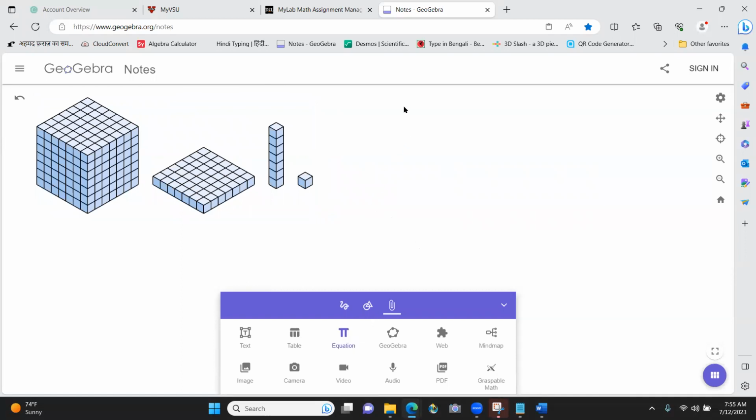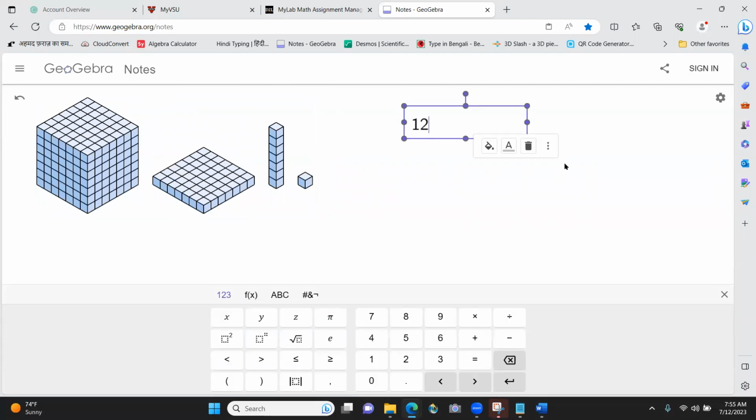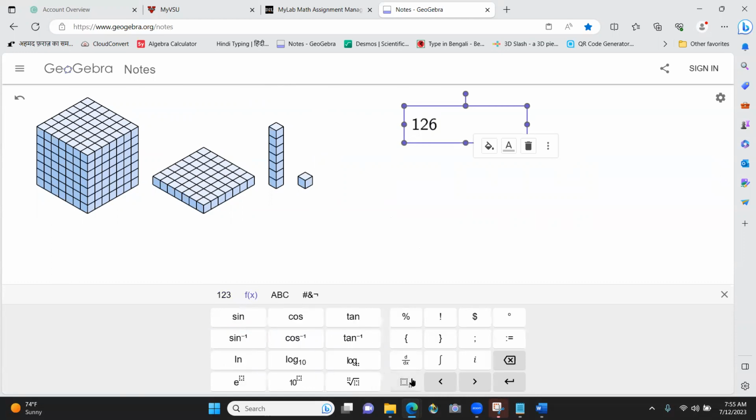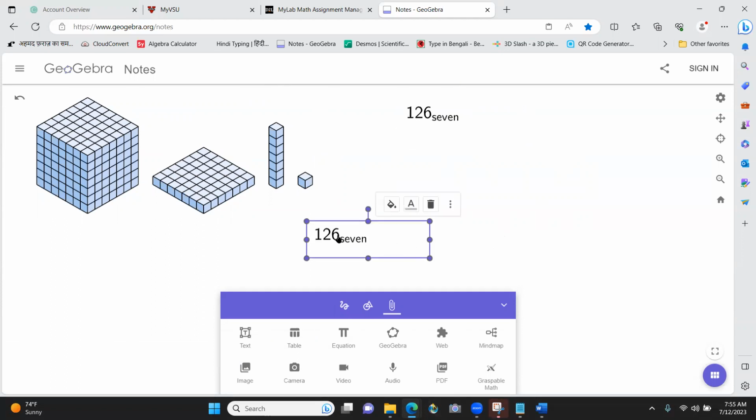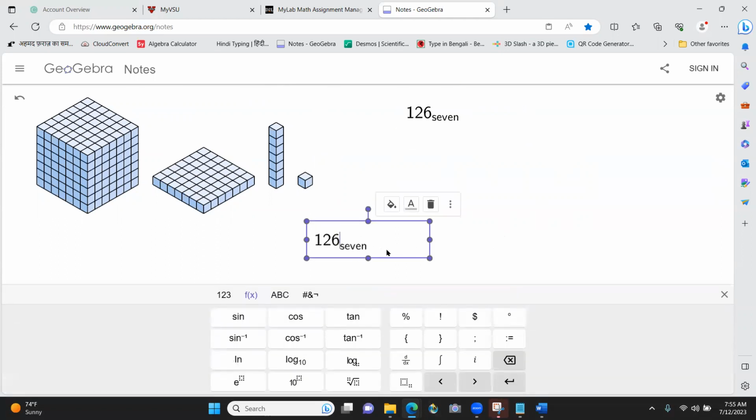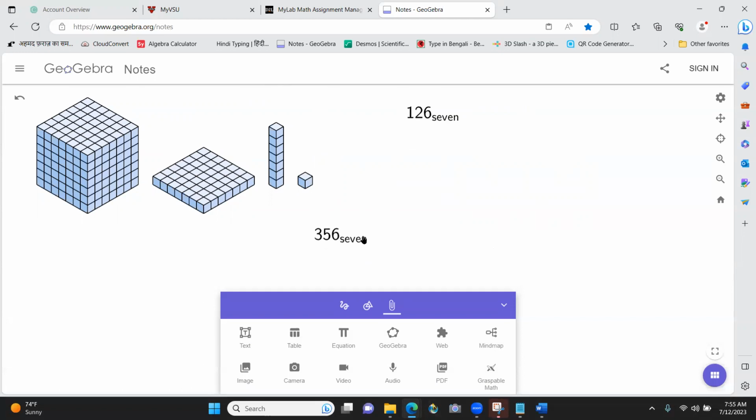So let's say I want to add 126 in base 7 to 22 in base 7. I'm adding. All right.